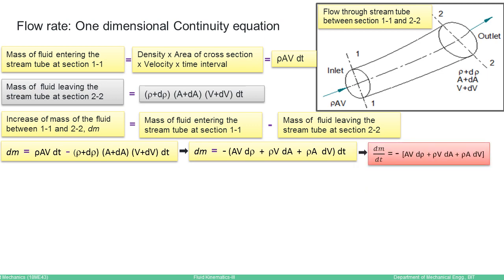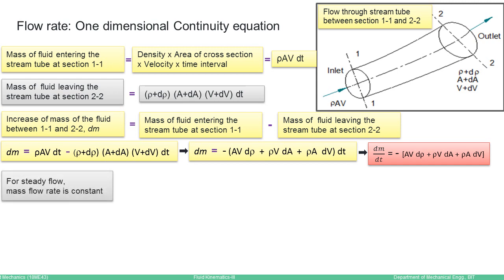Or you can rearrange this equation as dm by dt, which is the rate of change of mass or rate of increase of mass, equal to minus of the term within the bracket. The term within the bracket is AV d rho plus rho V dA plus rho A dV.